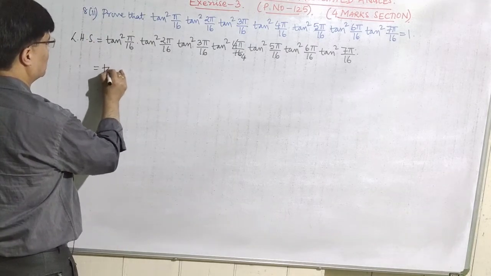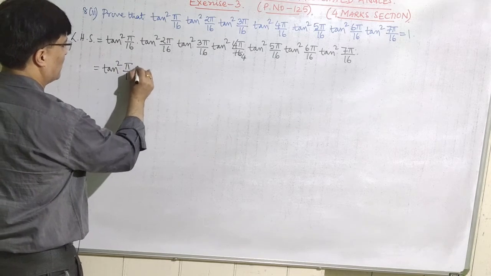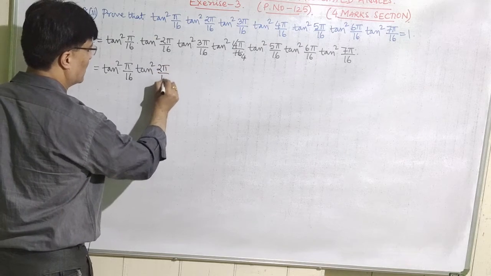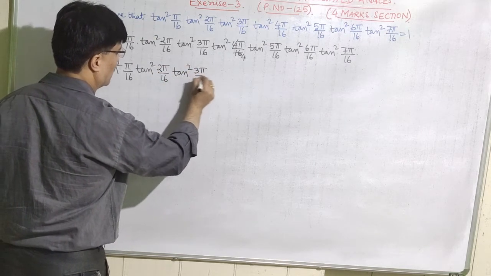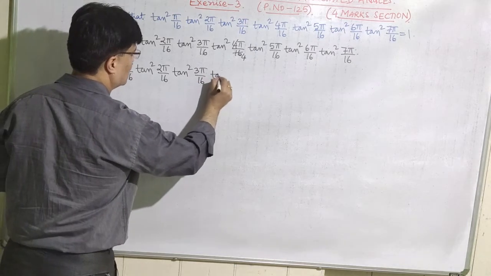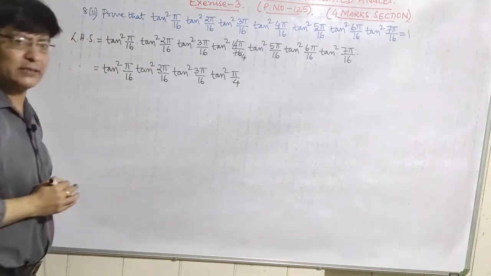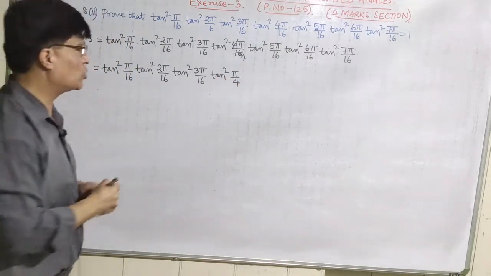Keeping the first 3 terms as they are, tan square pi by 16, tan square 2 pi by 16, tan square 3 pi by 16. So this is your tan square pi by 4, right? So we can write down this square term in terms of whole square.